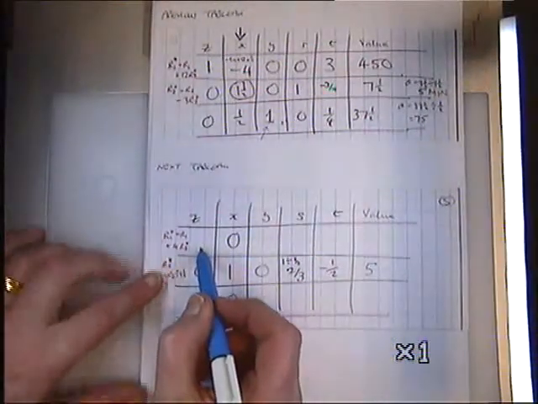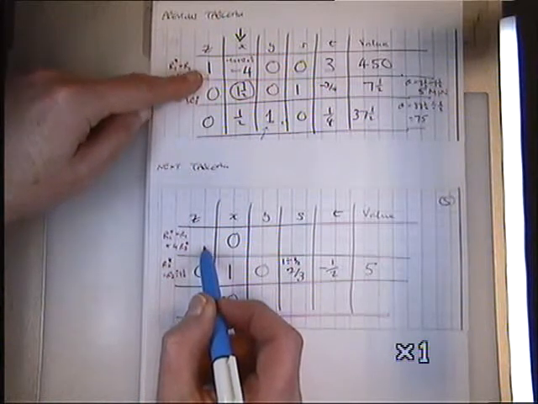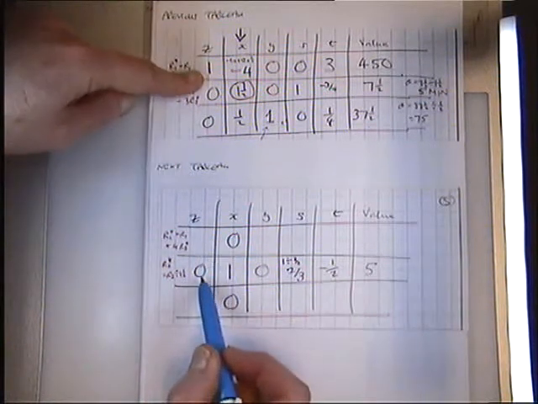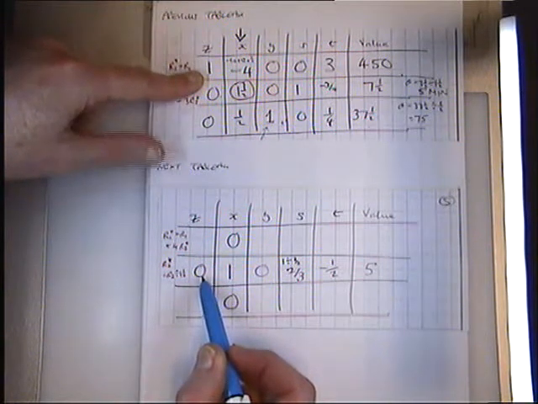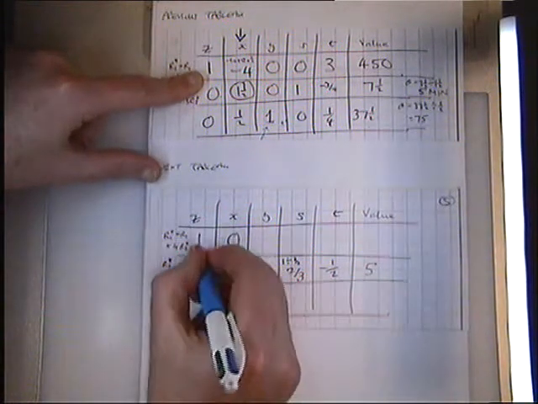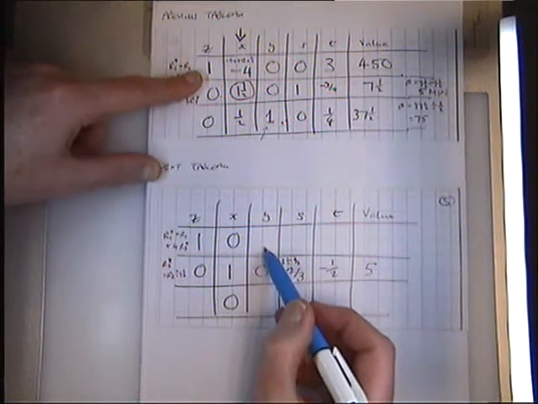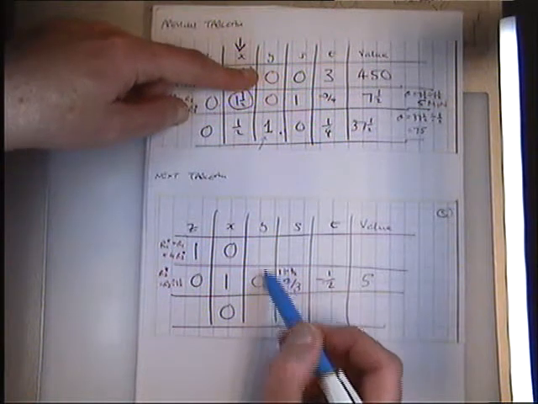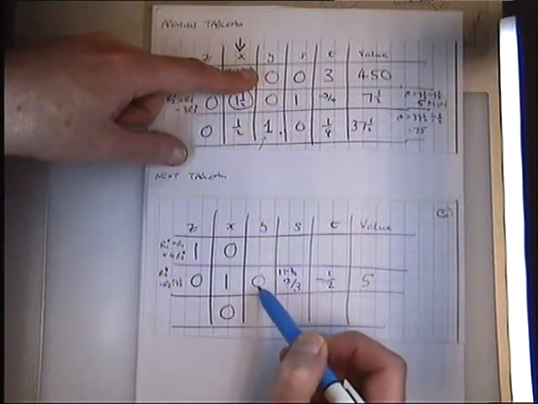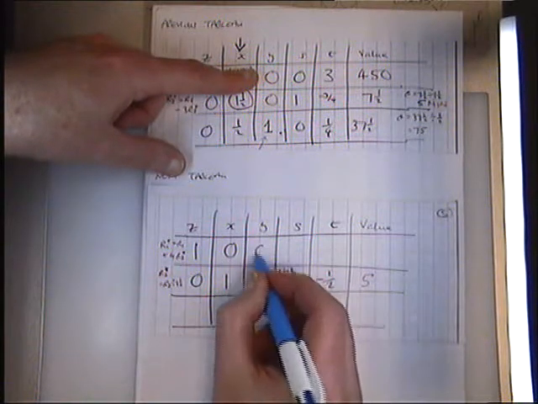So in here it's old row 1, which is 1, plus 4 lots of 0. What is 1 plus 4 lots of 0? 1. So that gives that. Here it is what used to be in this position, which is that 0, plus 4 lots of 0. 0 plus 4 lots of 0 is 0.